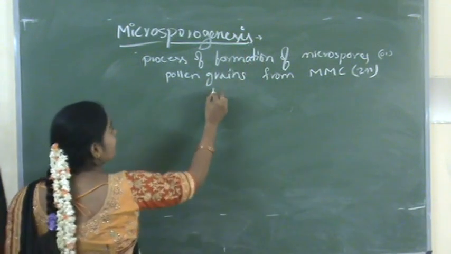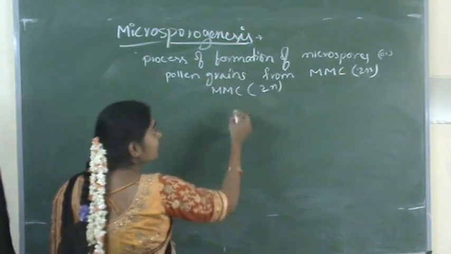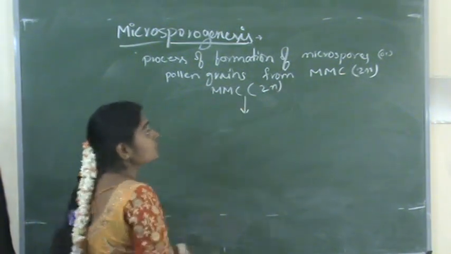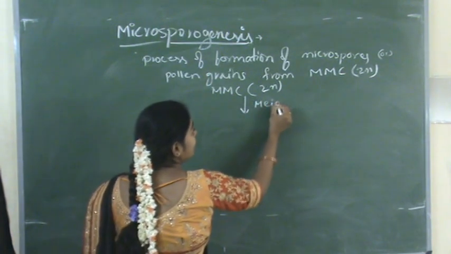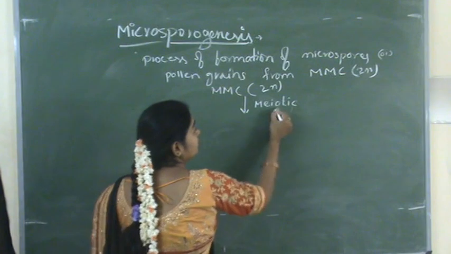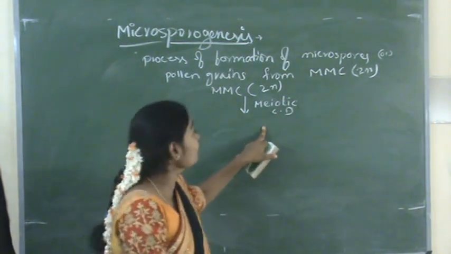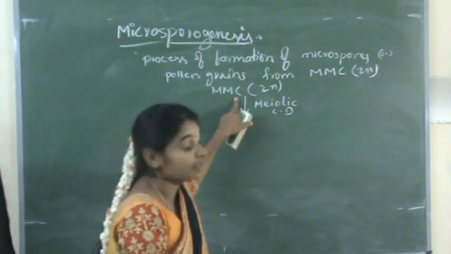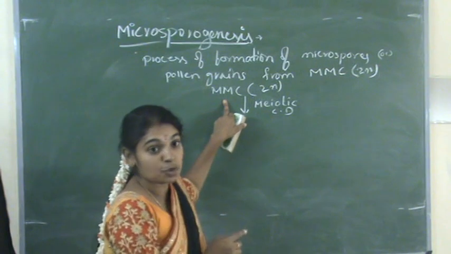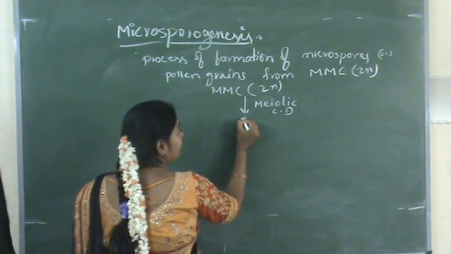So the microspore mother cell, which is in diploid condition, undergoes meiotic cell division. As a result, from each microspore mother cell, 4 microspores are formed.